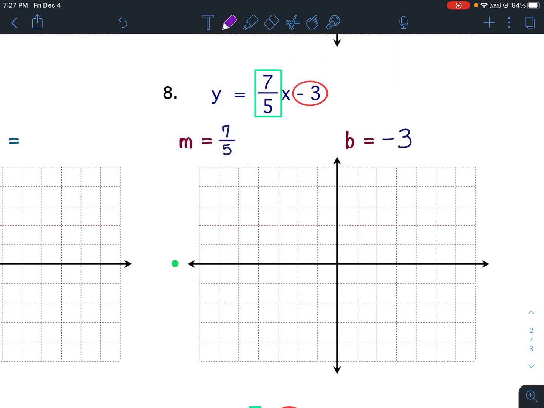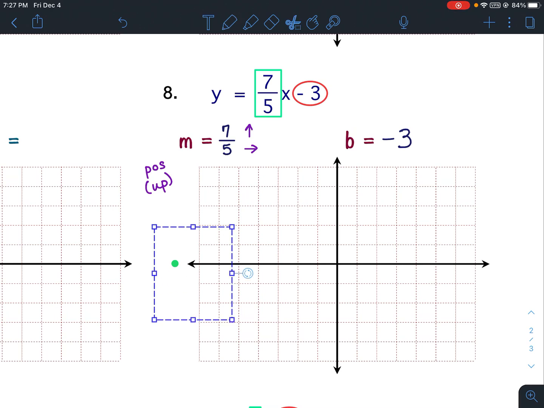I want you to notice that your slope is positive, so your line will be going upward from left to right. You don't need to write that, but you can if you want. Since it's a positive slope, I'm going to go up 7 to the right 5.